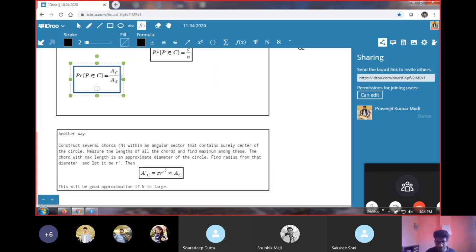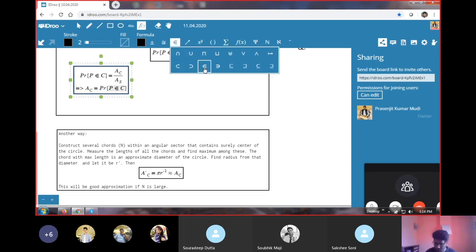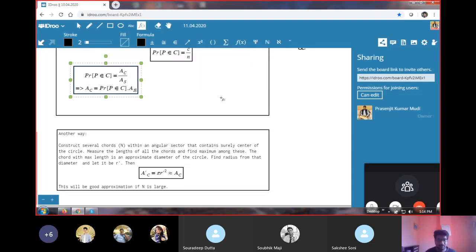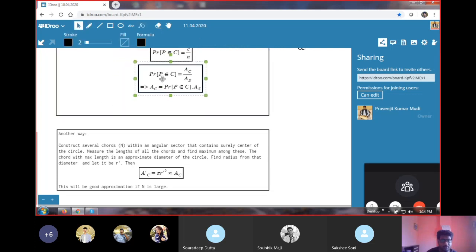So in the next line we can write: A of C is the probability that P belongs to C times A of S. So this is what we can model.